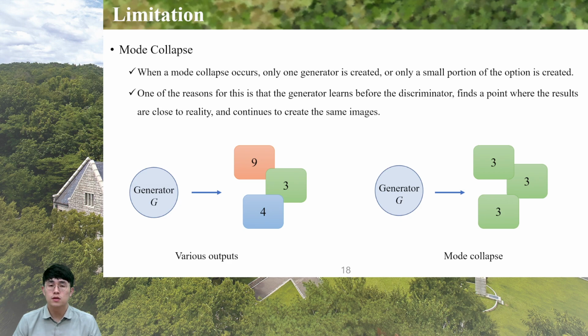However, when the generator learns the data distribution before the discriminator, it may reach a point where it produces results that are similar to the real image. This enables the generator to produce only one or a few images at that point, a process known as mode collapse. There are numerous ways to overcome this shortcoming.